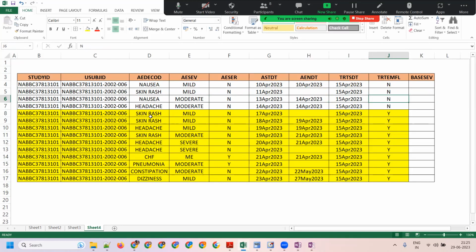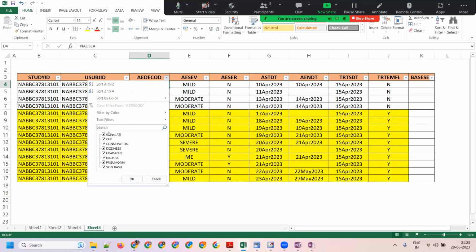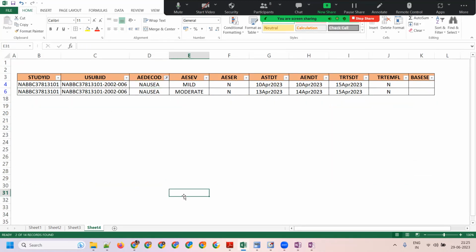Right. Still treatment emergent flag is yes. Now you can see, if I consider nausea, nausea is the one which appeared only in the pre-treatment. That's the reason I gave the color coding. Now it appeared twice. What are they?